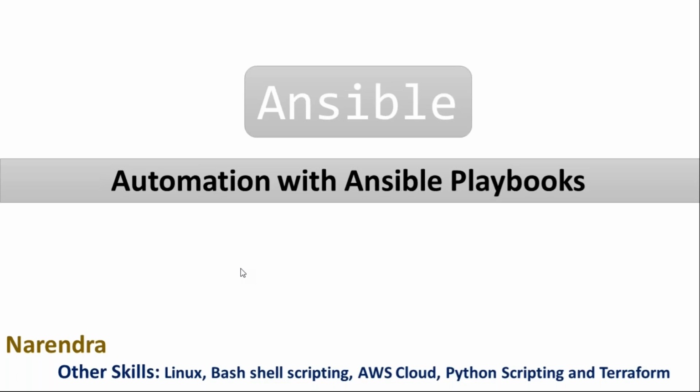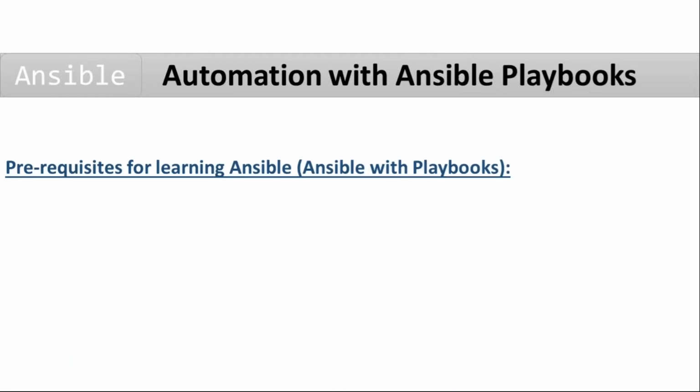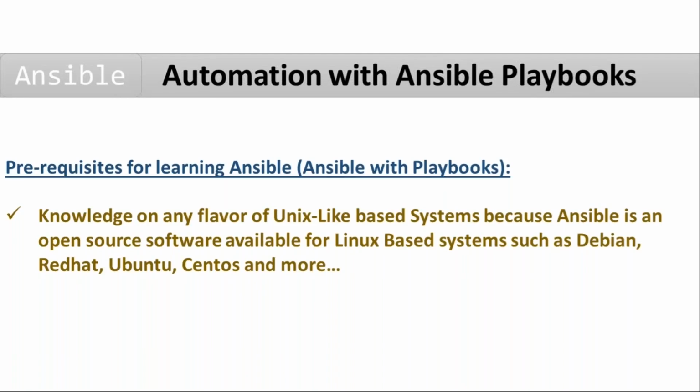Anyway, before going to start with our course, you need some prerequisites. They are: you should have some minimum knowledge of any Unix-like operating system, because Ansible is open source software available for Linux based systems. That's why you should have some minimum knowledge of any Unix-like operating system.